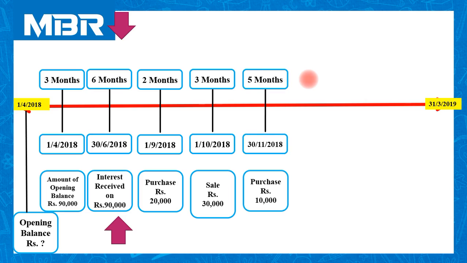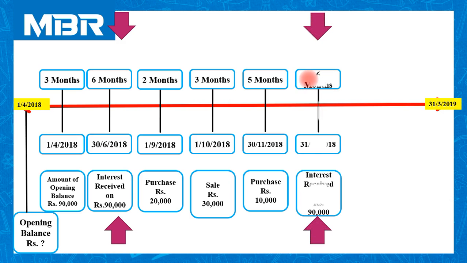November 30, 2018, purchase rupees 10,000 and period involved from June 30 to November 30, July, August, September, October and November. So 5 months. Then December 31st, 2018, notified date for the payment of interest.